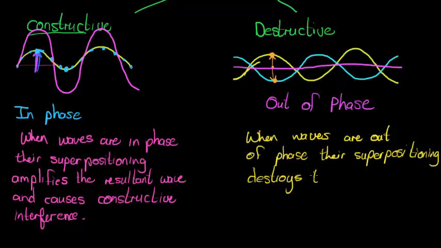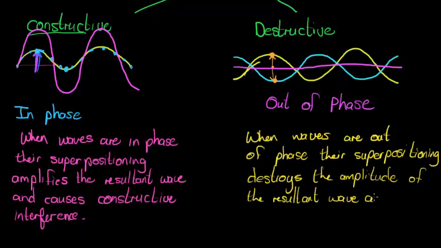How's that? Destroys the amplitude of the resultant wave, and causes destructive interference. Does that make sense? And there we see the resultant wave is the one in the pink. Constructive makes it larger, and destructive destroys completely any type of wave that there used to be.